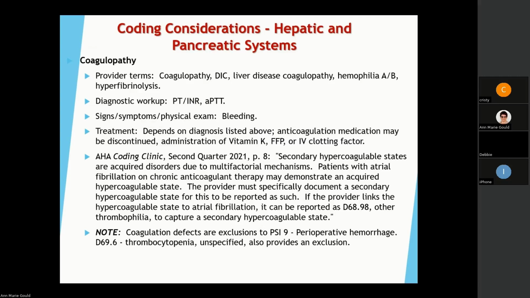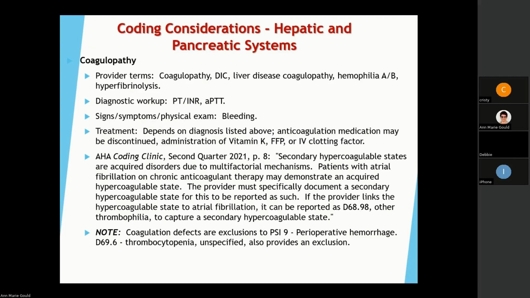The provider must specifically document that there is a secondary hypercoagulable state due to atrial fib, and then it can be reported as D68.69, other thrombophilia, to capture that secondary hypercoagulable state. Okay? So if the provider doesn't link it, guess what we do? We send a query and ask, is this going on?